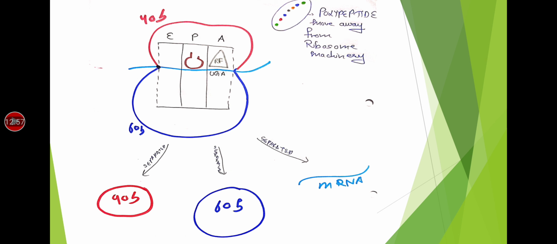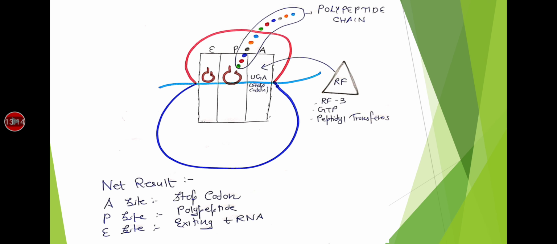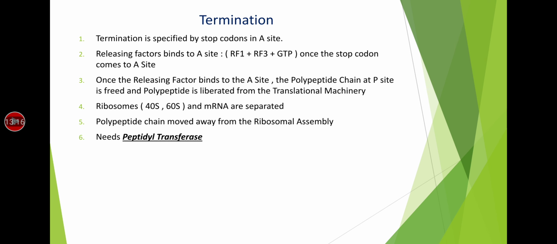It moves away from the ribosomal machinery. Further, what happens now is that this translational machinery also disintegrates. Now the 40S subunit also disintegrates, 60S also is separated and the mRNA chain is also separated. So this is termination, the final step of translation. This process needs peptidyl transferase activity.